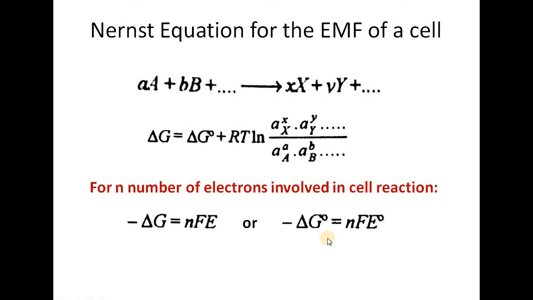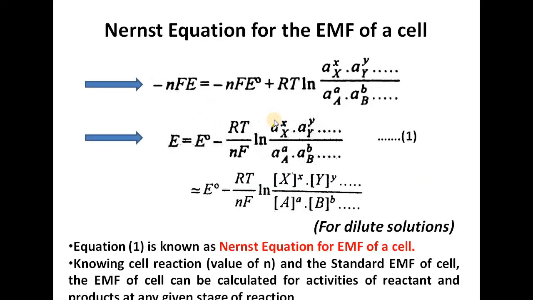So putting this value in this expression, what we are getting here is −nFE = −nFE° + RT ln (aX^x · aY^y) / (aA^a · aB^b), and so on.